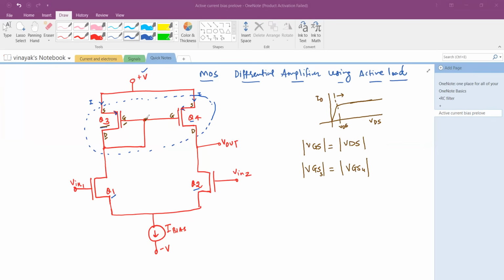Whatever voltage appears at the gate after the circuit is turned on, there is an equal drop across the transistors. So this is the voltage drop across source and gate here, and the voltage drop across source and gate here. That is your VSG, here your VSG. We are taking a mod here, right?